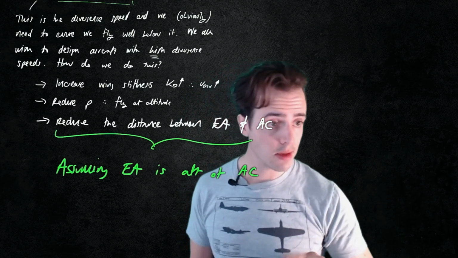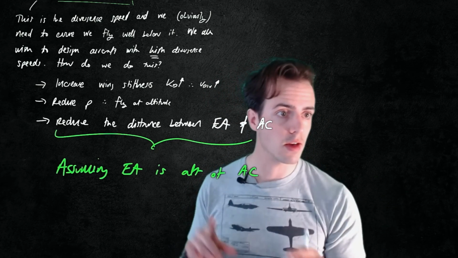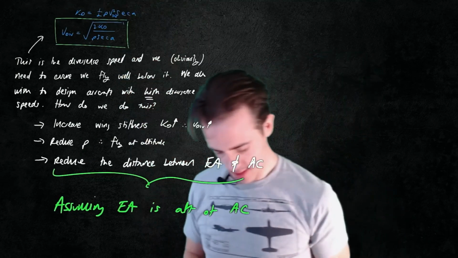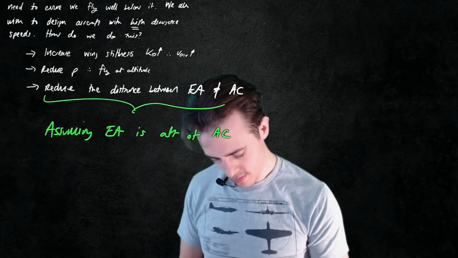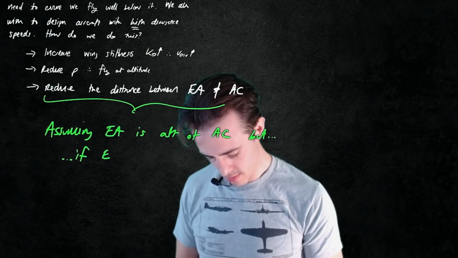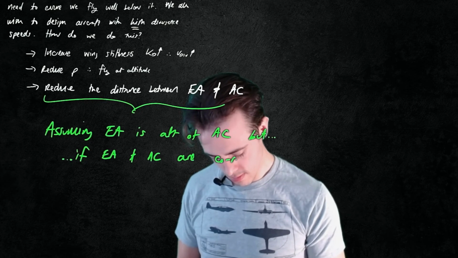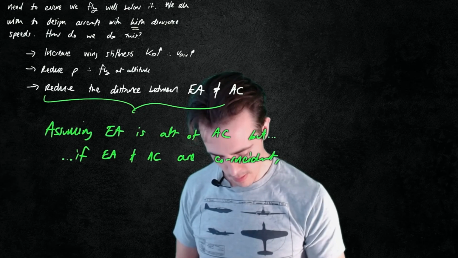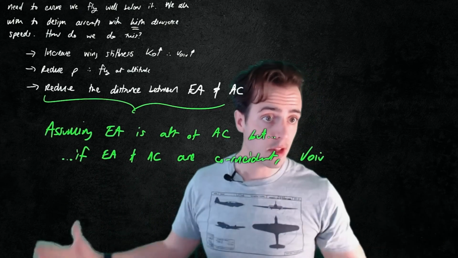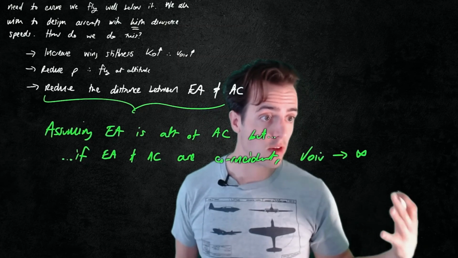If, on the contrary, we think about the condition at which the elastic axis and the aerodynamic center are coincident, in that case E is equal to 0 and we get an infinite divergent speed. So the divergent speed tends towards infinity, and we can never actually reach that divergent speed in an aircraft.